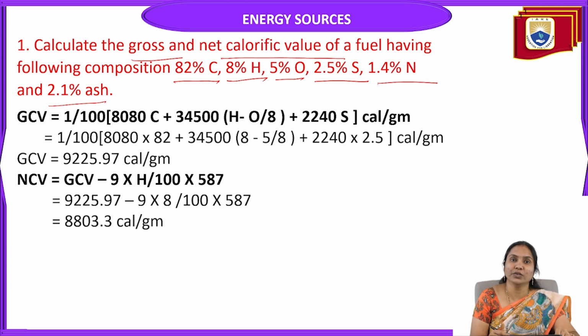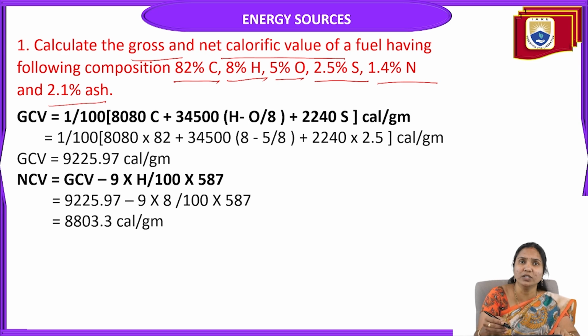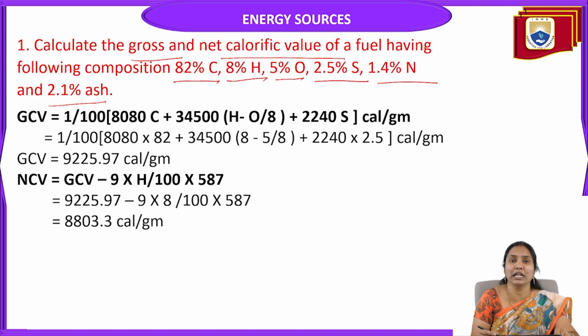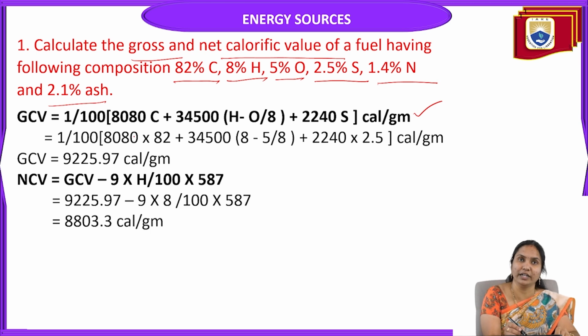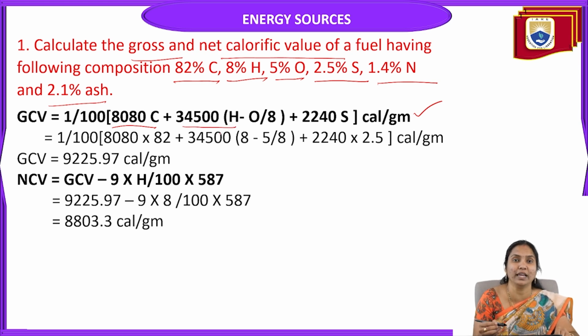So here GCV equals, what is the formula? We already discussed how to calculate the gross calorific value, by using Dulong's formula. The formula is GCV equals 1 by 100 into 8080 carbon plus 34,500 H minus O by 8 plus 2,240 sulfur.